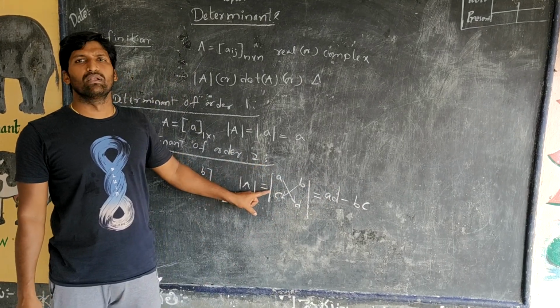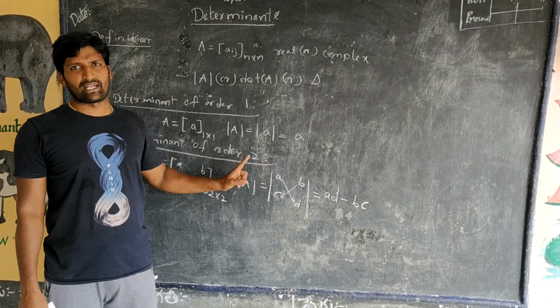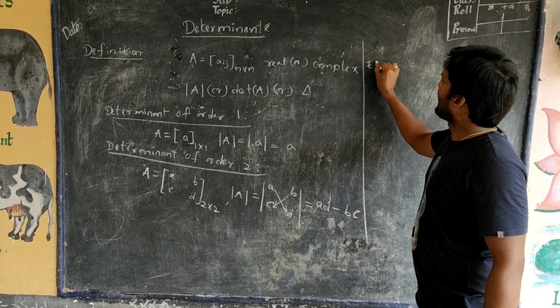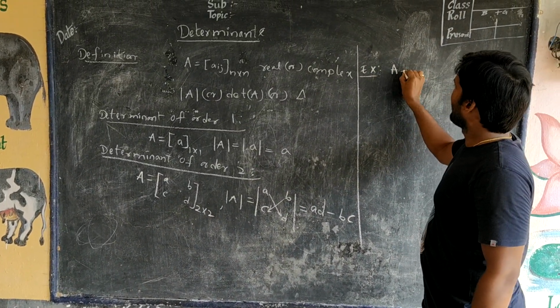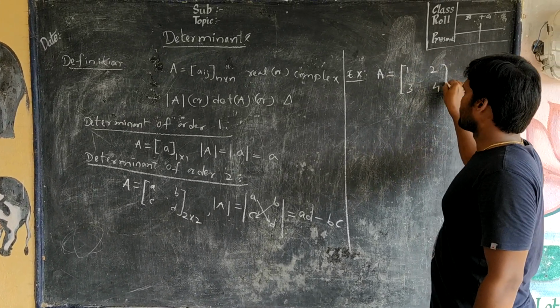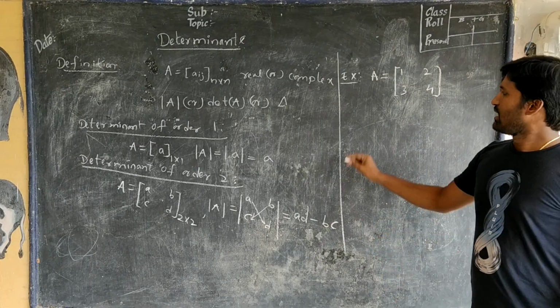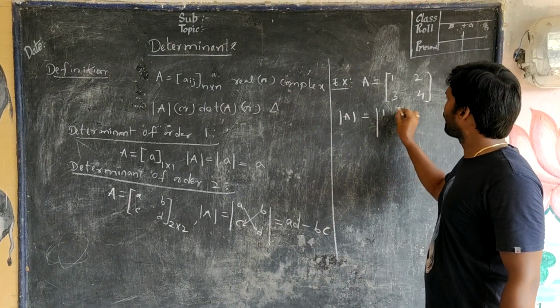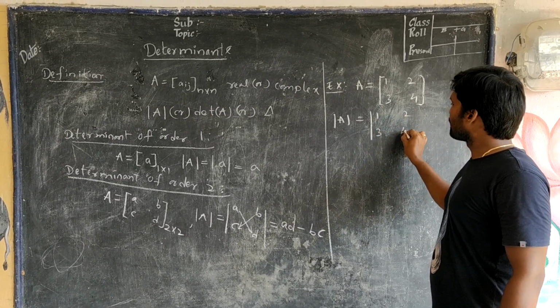This is applicable for any type of 2 by 2 matrix. For example, I take a matrix containing elements 1, 2, 3, 4. You need to evaluate the det A value. Det A equals delta of 1, 2, 3, 4.